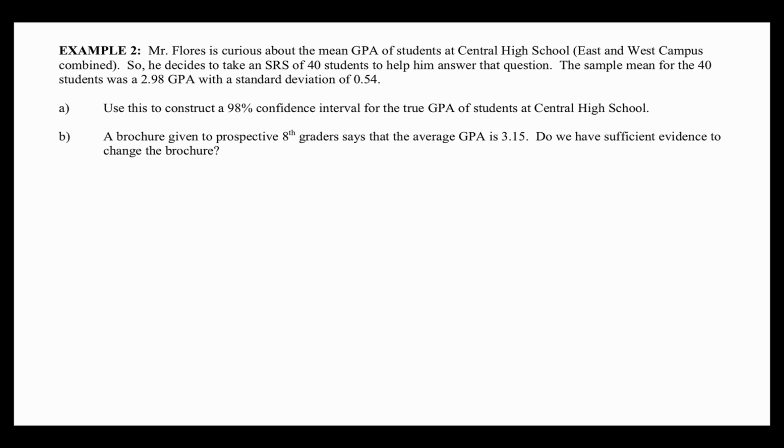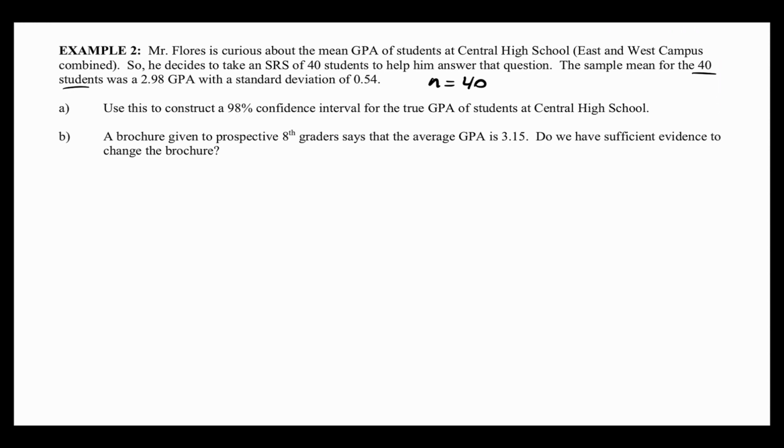Okay, so before we start, what are the important things that we need? First of all, we have a sample size of 40 students. Next big question, is it Z or is it T? Is this question going to be a Z or a T? But how do we know?